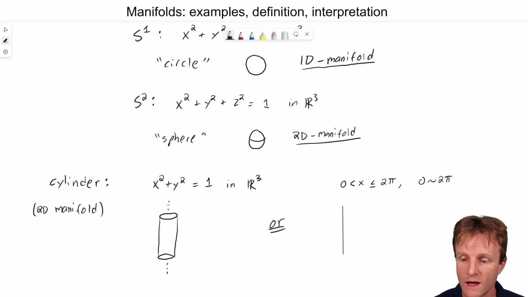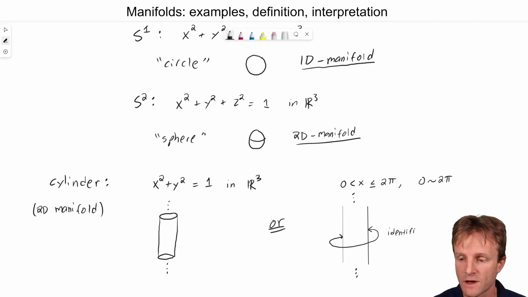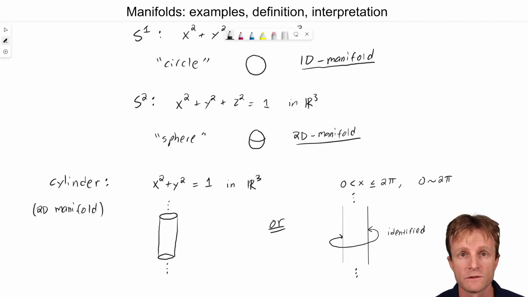And so now, instead of thinking about the cylinder as embedded, I have just a strip here, a portion of the two-dimensional plane, where I'm thinking about just x and y, but I've added a rule that these two sides are identified. And for the purposes of a manifold, according to the definition we are going to introduce, these two are exactly the same manifold.